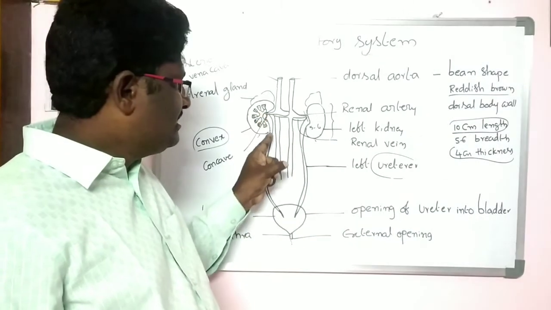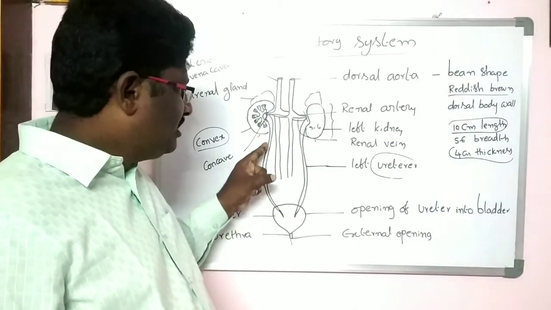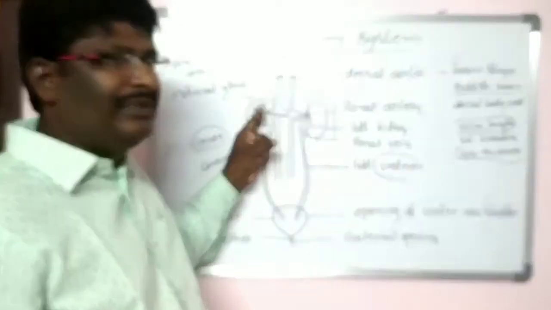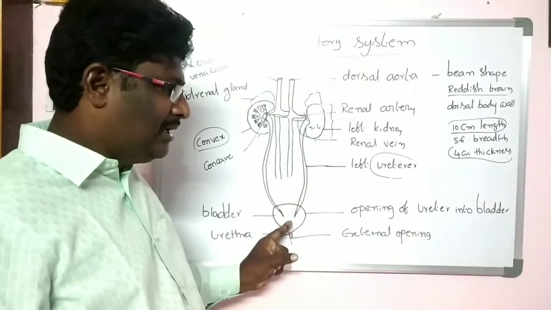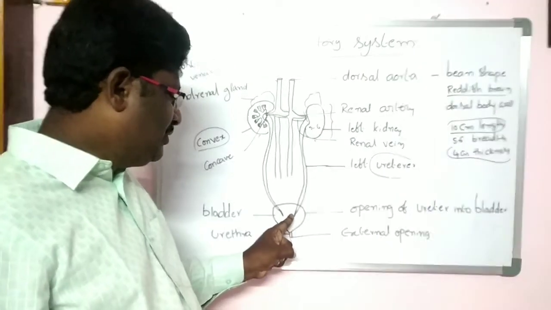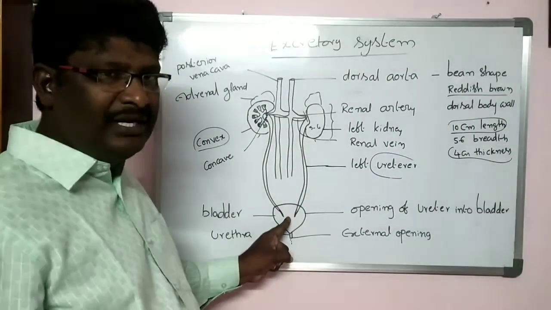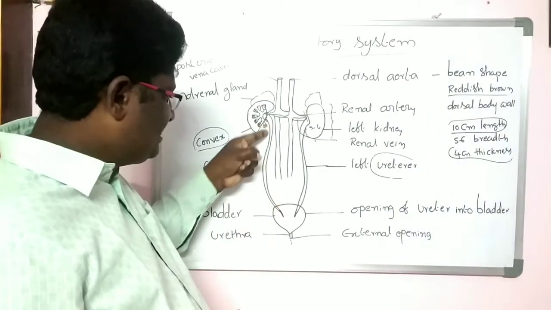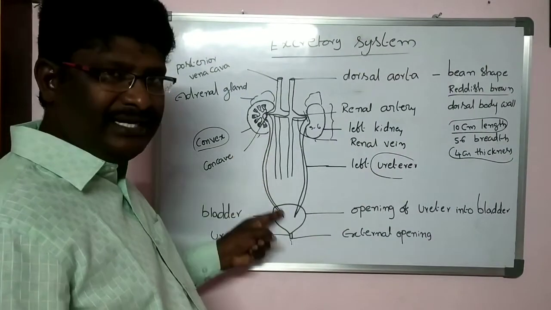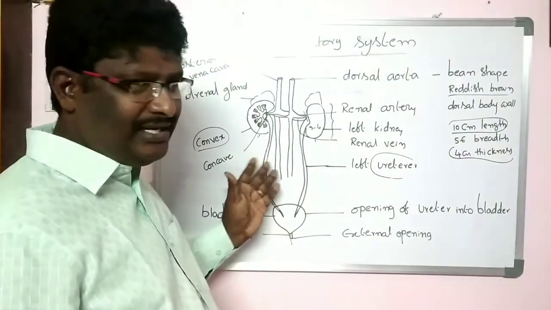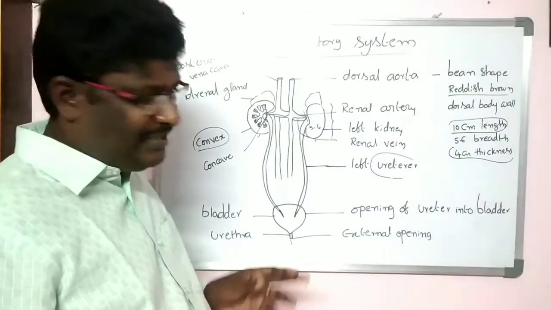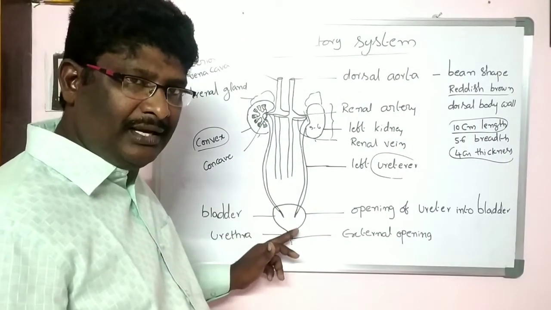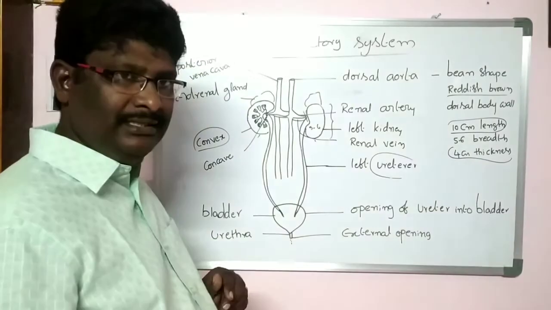The urine which is collected from the kidney is sent into the urinary bladder through these ureters. This is the right ureter, this is the left ureter. The urine passes through the ureter and is sent into the urinary bladder.